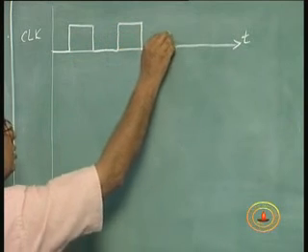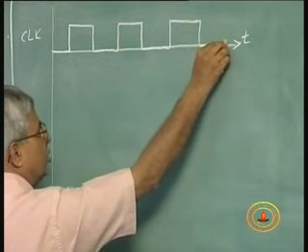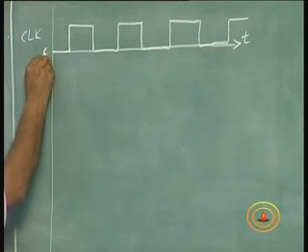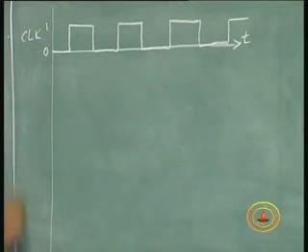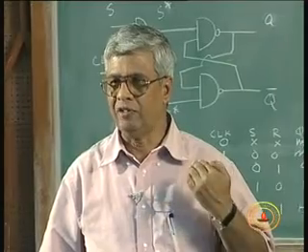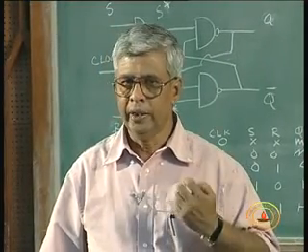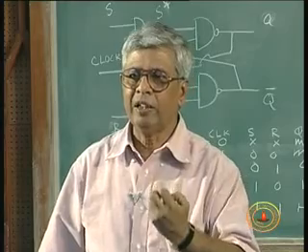As I said, one general case is 0 volts and 5 volts, or 0 volts and 3.3 volts. So I will simply put 0 and 1. I will not even venture to write the values because it depends on the logic levels we are working with. 0 state and 1 state. 0 is the clock off, 1 is the clock on. Clock low, clock high. So the latch will work only when the clock is high.